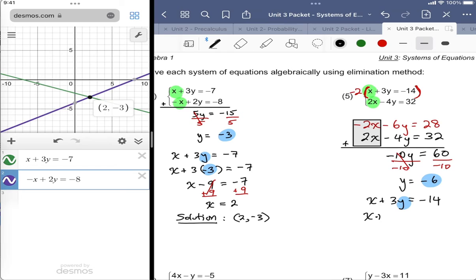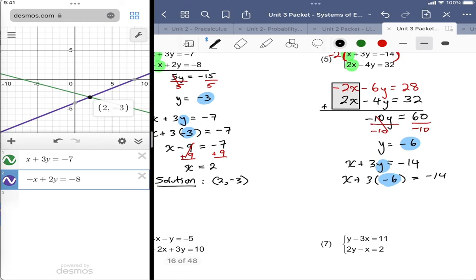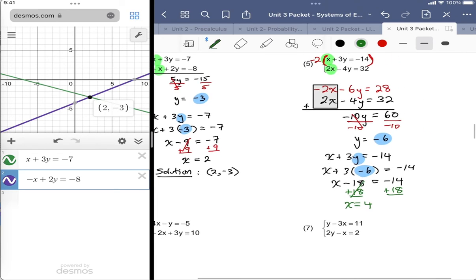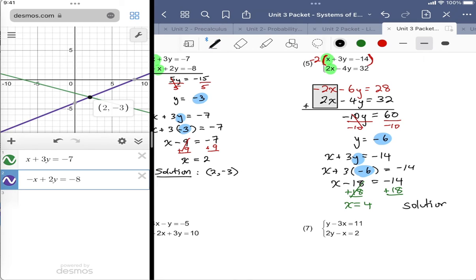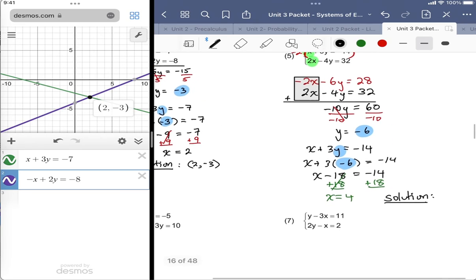So x plus 3 times negative 6, so x minus 18 is equal to negative 14. Add the 18 to both sides and you get x is equal to 4. All right, so solution 4, negative 6.